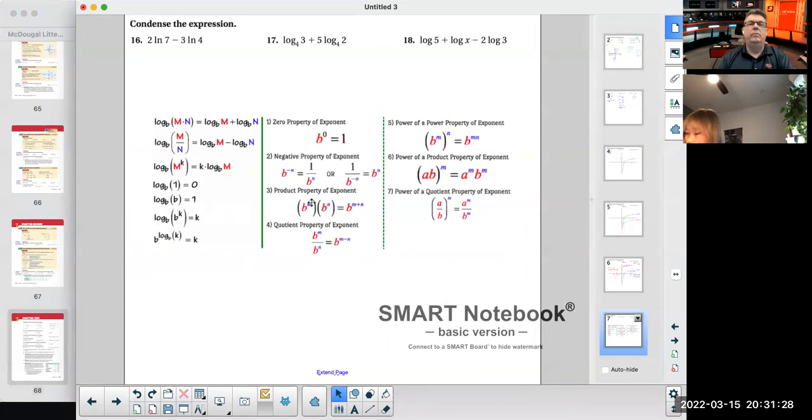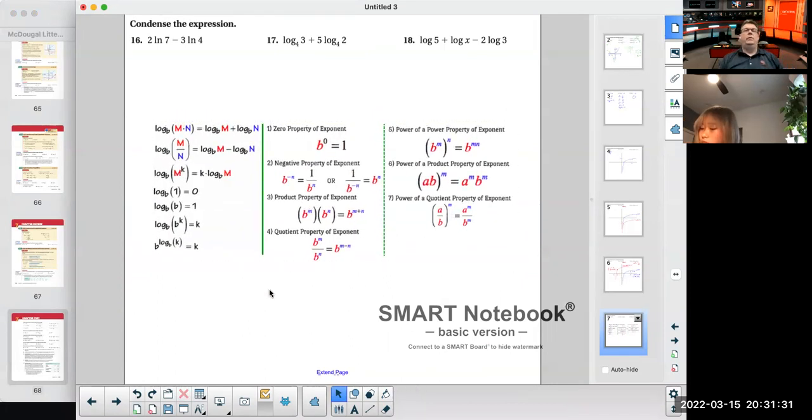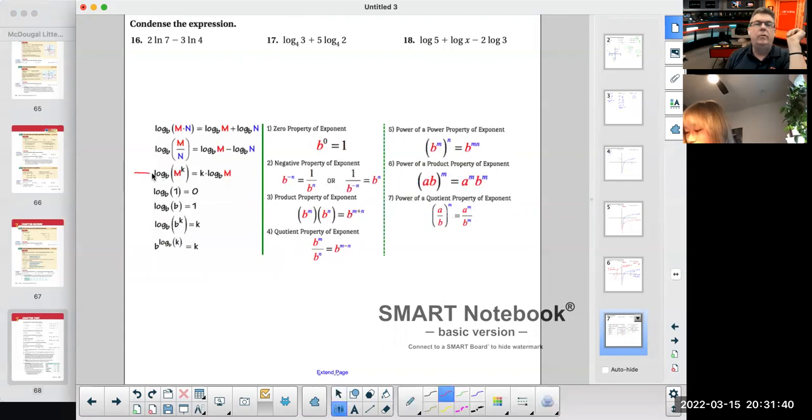Okay, so that means they want to write it as one logarithm. So we're going to use this one first and rewrite this as ln of 7 squared minus ln of 4 cubed. So that's the one where you can take the coefficient and write it as an exponent.